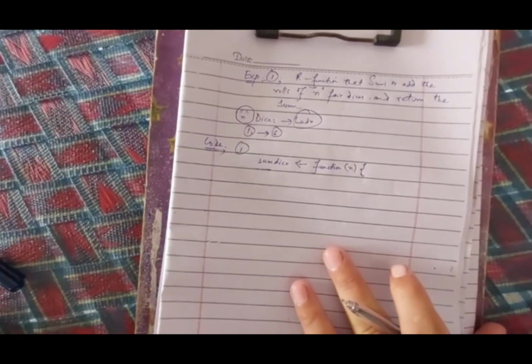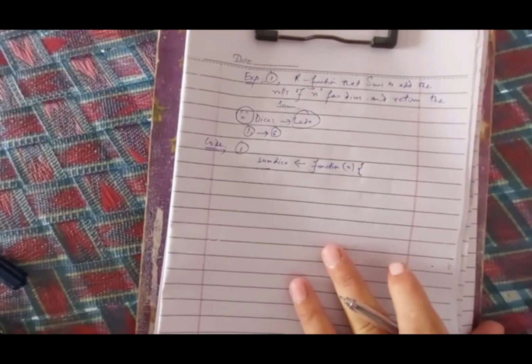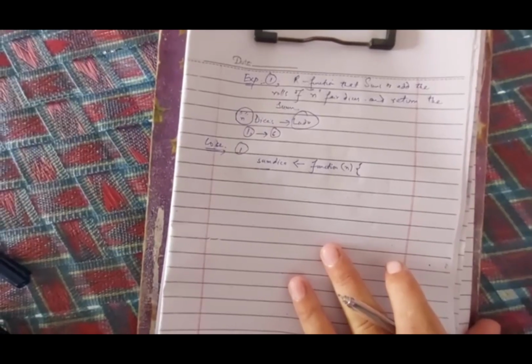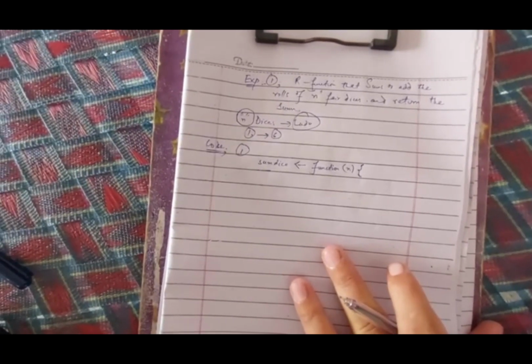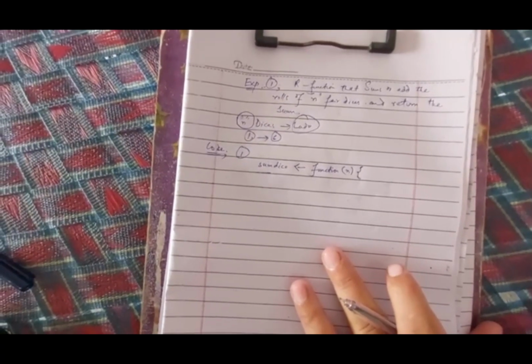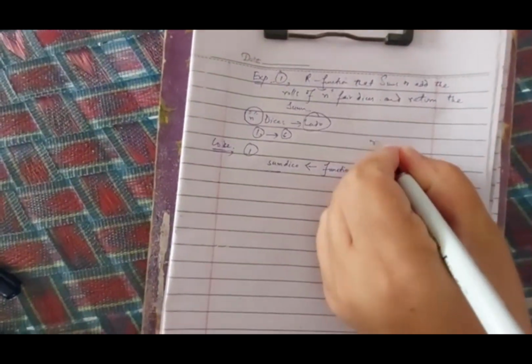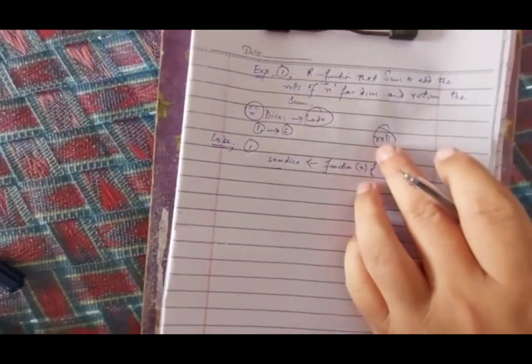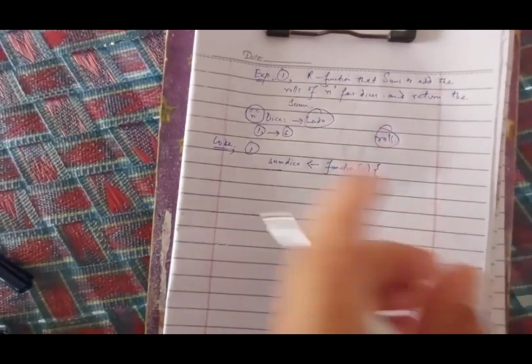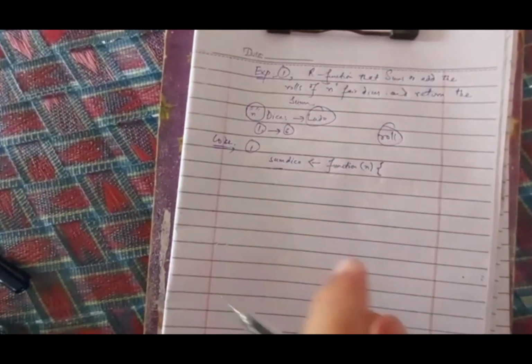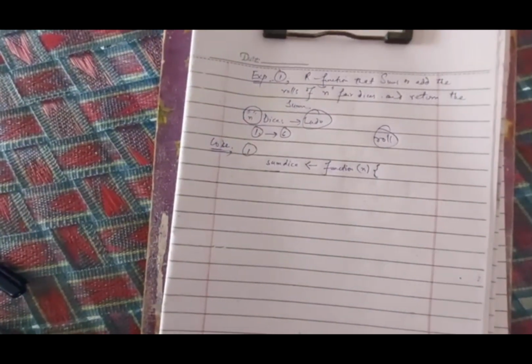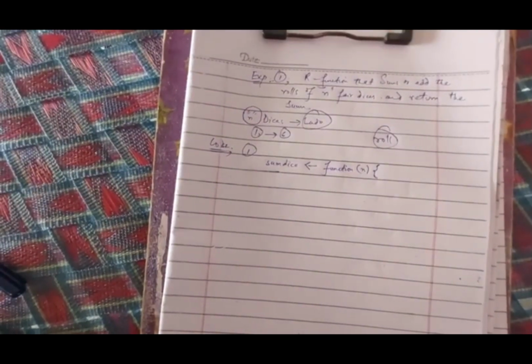Now after sum dice, the next thing that we will do is to define the rolls. By rolls I mean rolling a die. So we will define each roll for n number of dice.